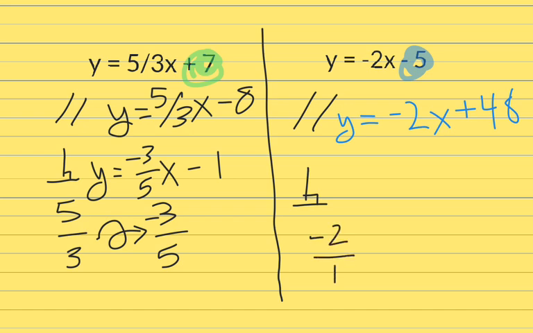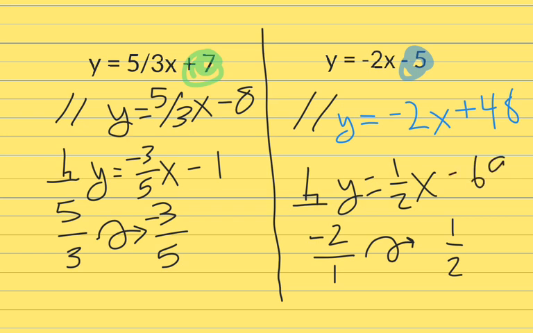Remember, popsicle stick. It's so cute. I'm going to flip it. I get 1 over 2. And since this one is negative, I'm going to keep this one positive. So now my new equation is going to be y equals 1/2 x. Again, I'm good. Don't need to do anything else, but just for fun, let's put negative 16.